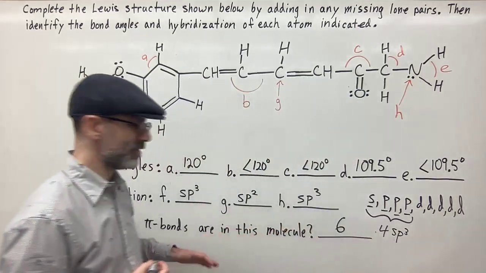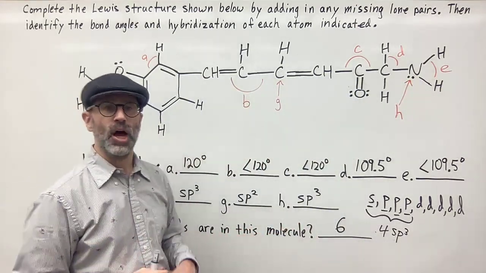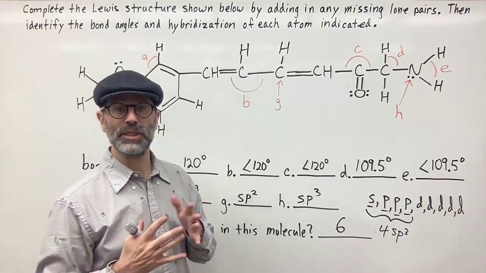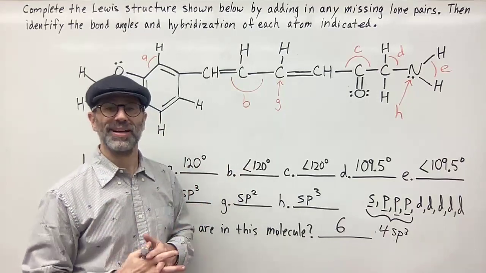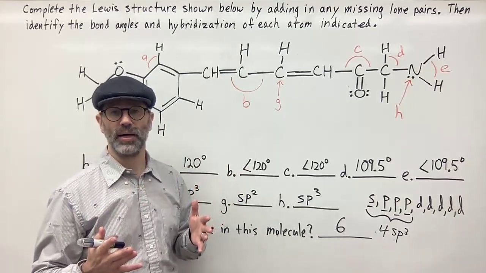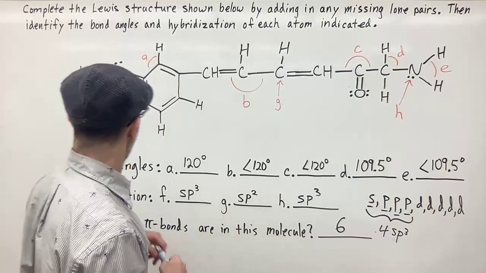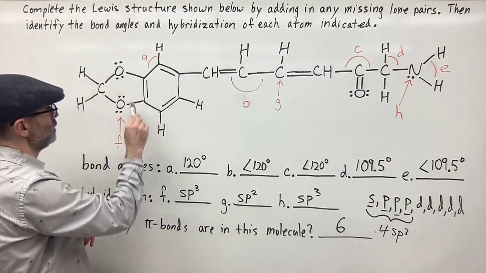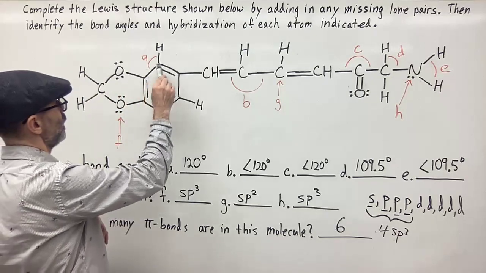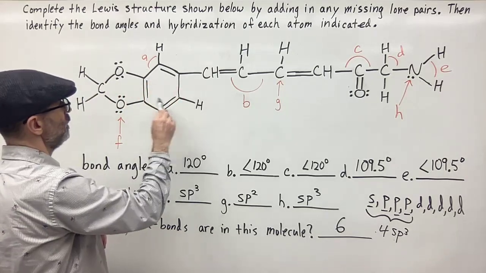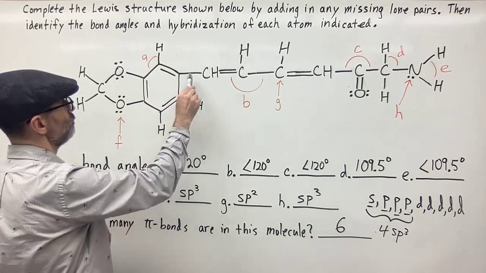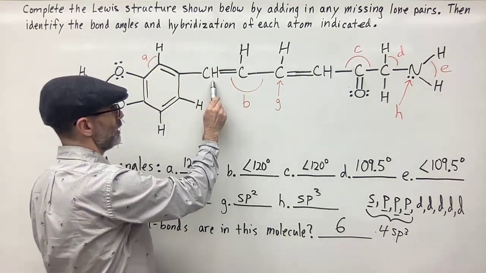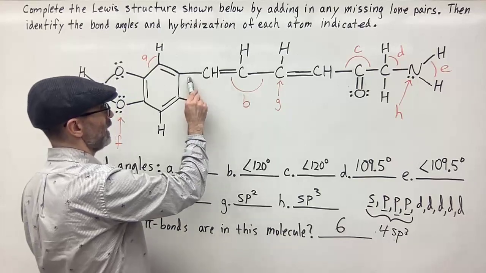Now, if they asked for the number of sigma bonds, you basically are going to count all the bonds, because all bonds between atoms are going to have one sigma bond and only one sigma bond. So here, this would be 1, 2, 3, 4, 5, 6, 7, 8, 9, 10, 11, 12, 13, 14, 15, right? 16 for that hydrogen, 17, 18.